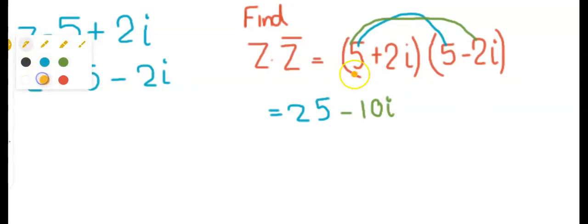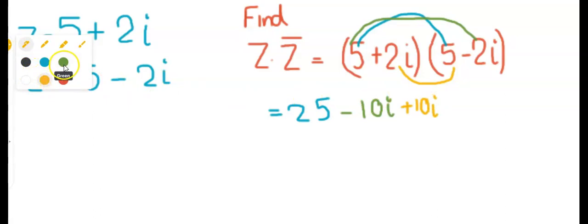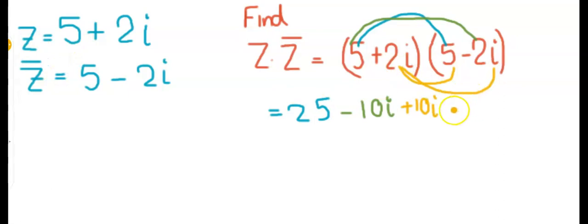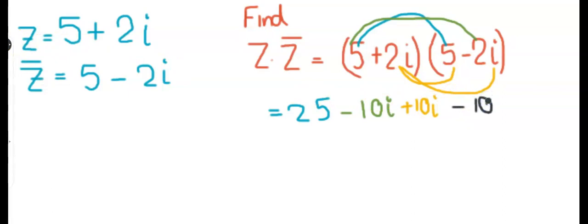Then this times this is a plus 10i. And then this times this is, oh sorry, 2 times 2 is not 10, it is 4. Thank you, I'm not good with maths. Minus 4i square.